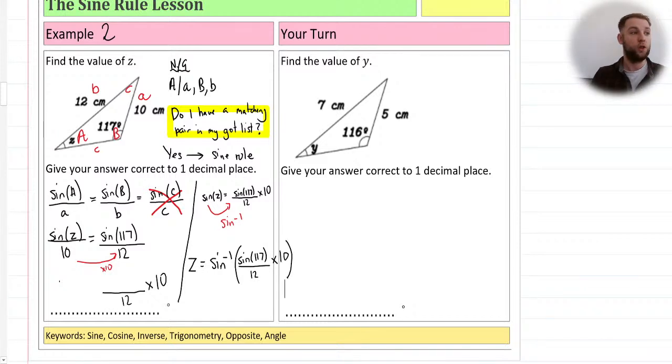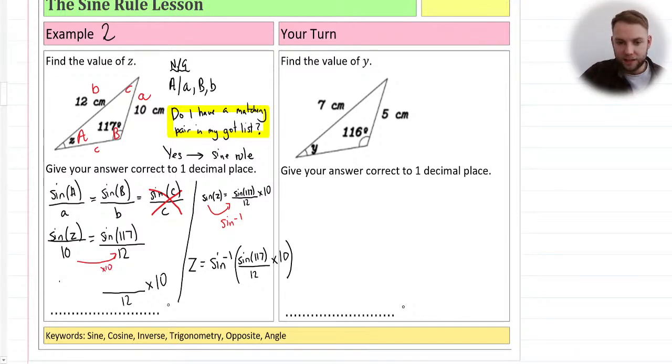Okay? So you've got everything on that right hand side, but you've still got to get rid of that sine. Now, you can, if you want to, work that out as a decimal and then do sine to the minus 1 of that. But I've done it all in one step and wrote it all out.